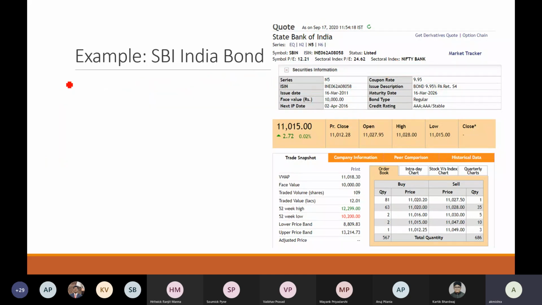So again, to make it clean, you have two types of inflow from this instrument. One is because of coupon payment, and second is because of your principal amount.